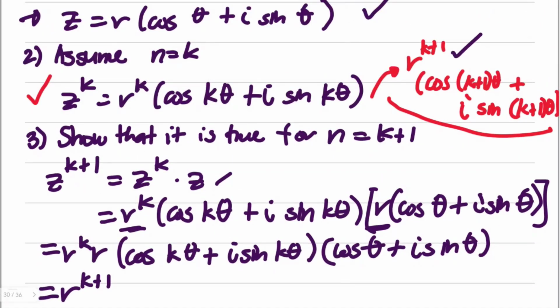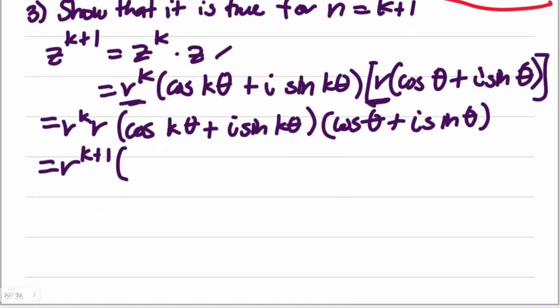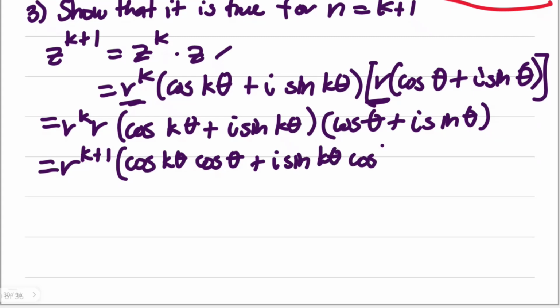What needs to be done next is this portion here. So we can actually multiply them using the FOIL method. You have your cosine k theta cosine theta. Okay, that's for the first terms. Inner terms plus i sine k theta cosine theta.